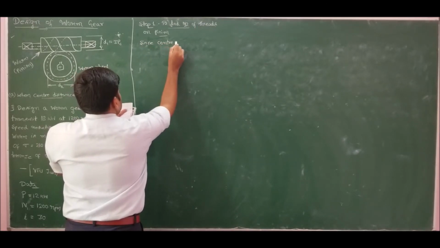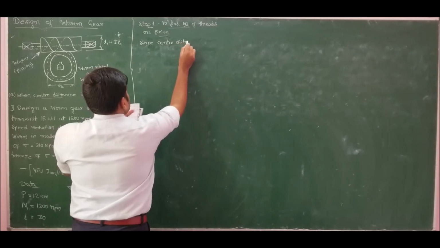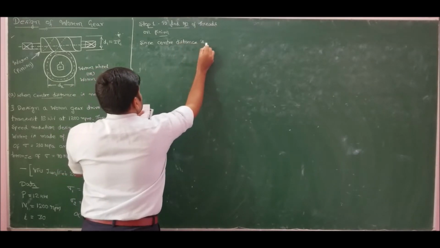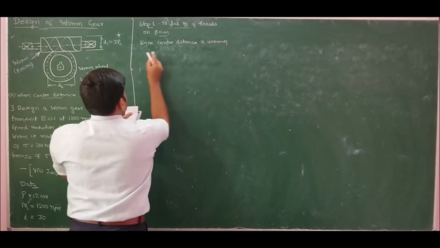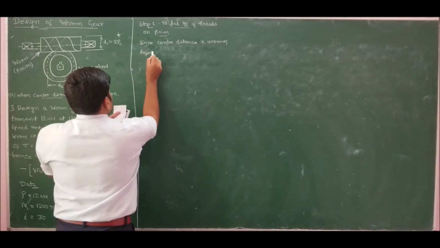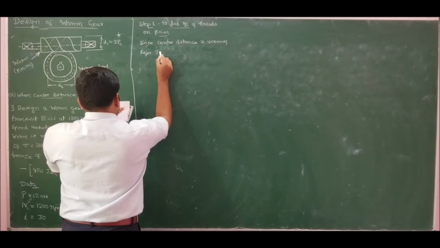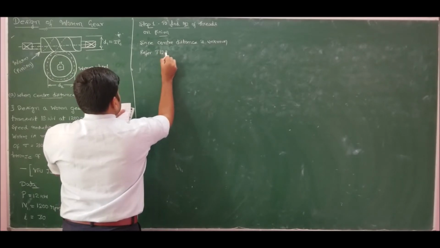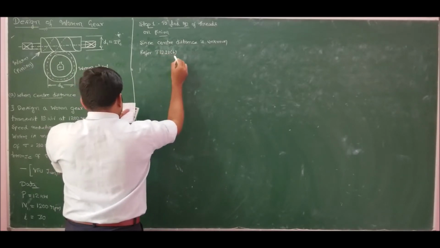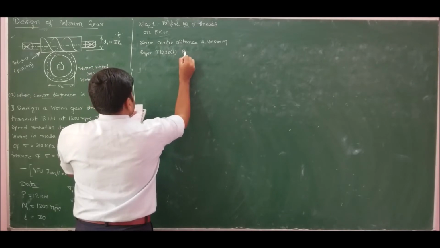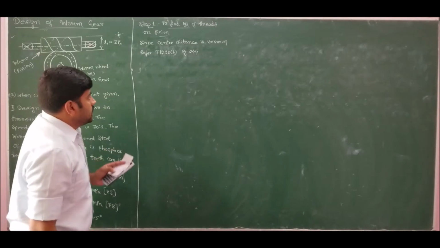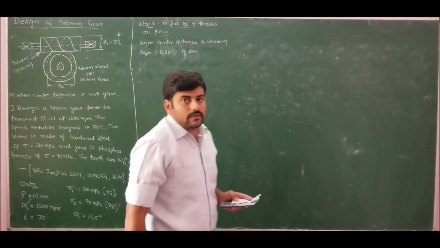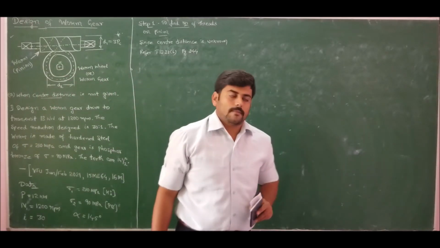Since center distance is unknown, refer to table 12.28 B from page number 244 of our design data handbook written by K. Mahadevan and K. Balaveera Reddy. We are referring to the 4th edition.